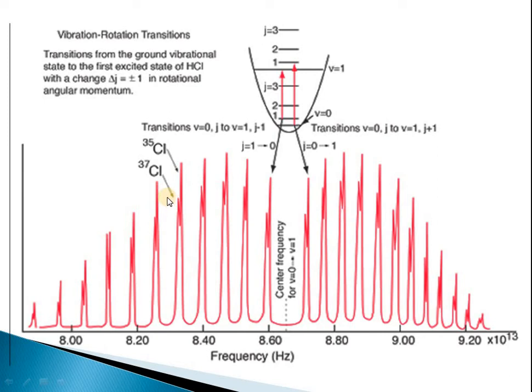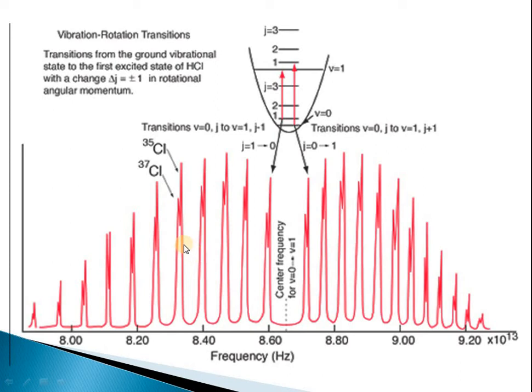Due to that reason, you can see the splitting of the lines into two parts, one for chlorine 35 and another for chlorine 37, but they are very closely spaced to each other. And the gap between any successive lines will be equal to 2B.